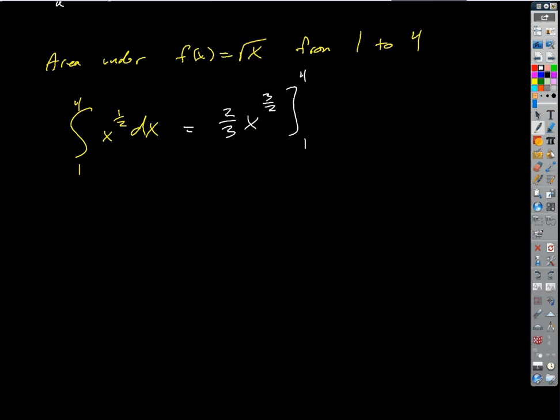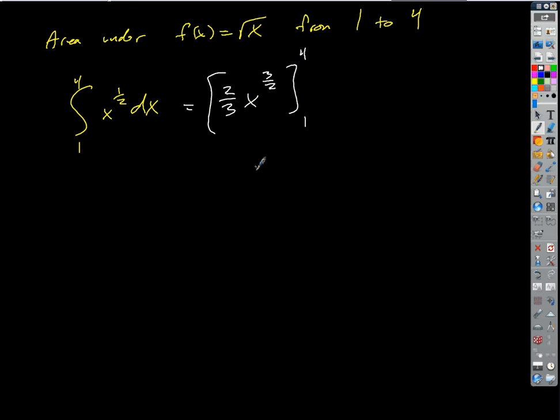We could just evaluate this whole thing from 1 to 4, right? And what's that going to give us? Well, that's just going to give us 2/3 times 4 to the 3/2 minus 2/3 times 1 to the 3/2.